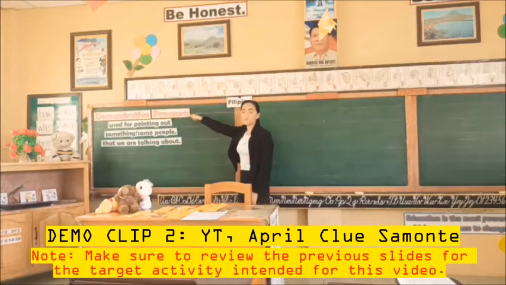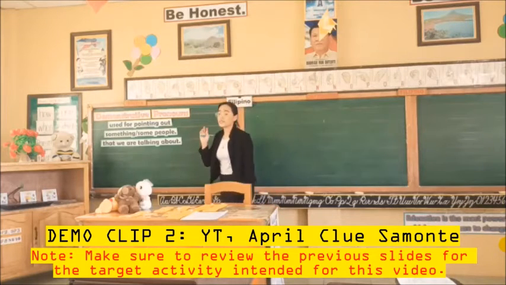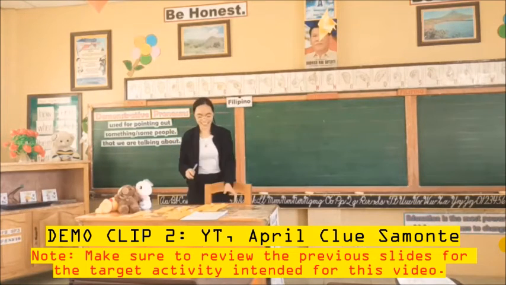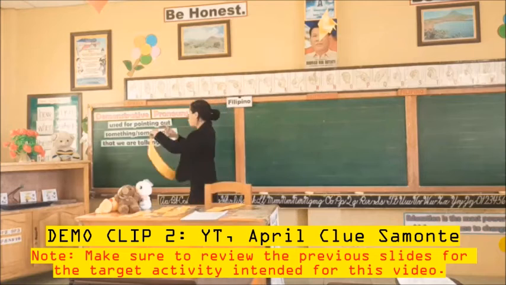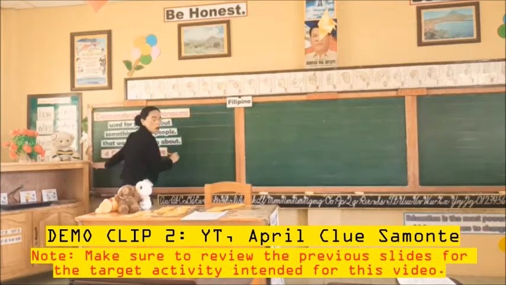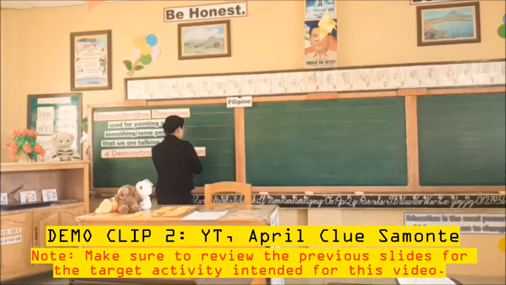Demonstrative pronouns are used for pointing out something or some people that we are talking about. And what are the 4 demonstrative pronouns? Yes, very good. There are 4 demonstrative pronouns.